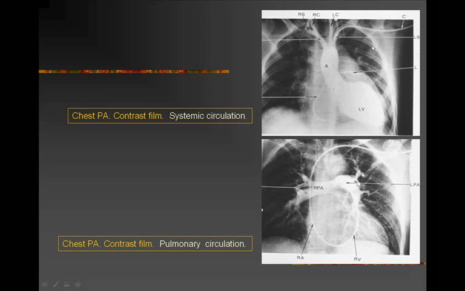In this particular instance, a catheter has been put in through a peripheral artery, which goes through the left subclavian artery into the aorta and the left ventricle, and a dye is injected which then depicts and delineates the left ventricle, aorta, and its major branches. Such contrast material studies are used to visualize those structures which are not visible on plain X-ray.